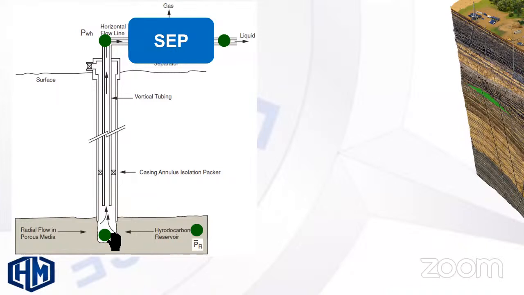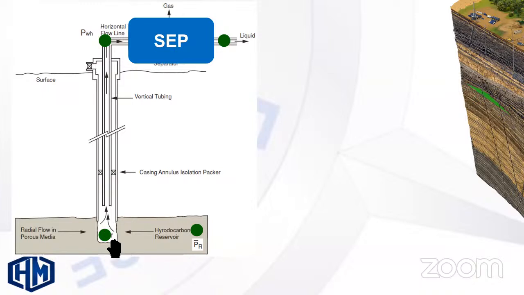So from this point to this point, we have fluid flow in the porous media. Darcy's law must be applied. And to transmit fluid from the porous media to the bottom of the well, we have to involve another model, which is the inflow performance relationship, or the IPR model.